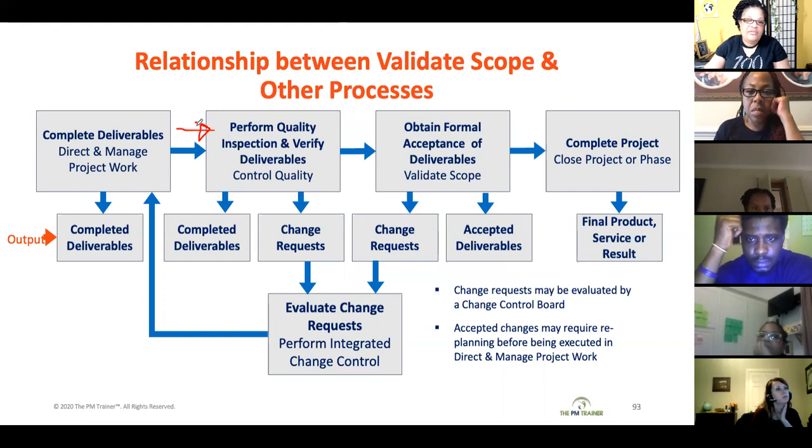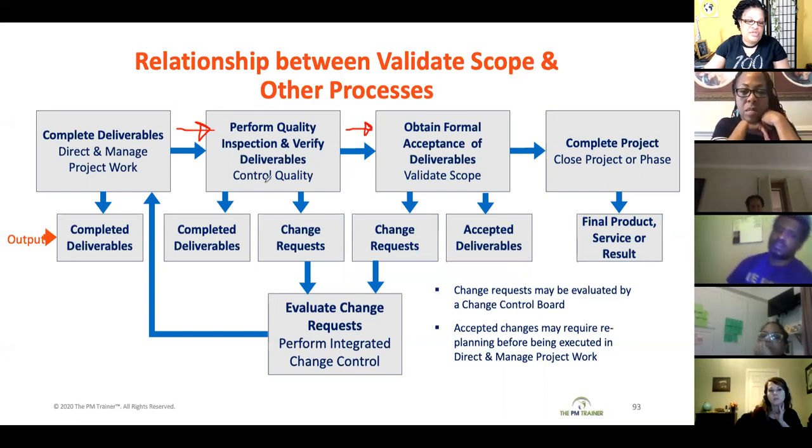When you have verified the quality of those deliverables, you have completed deliverables that are now going to go to validate scope. So you see here, before you validate scope, you control quality. You make sure that the deliverables are correct from a quality perspective.